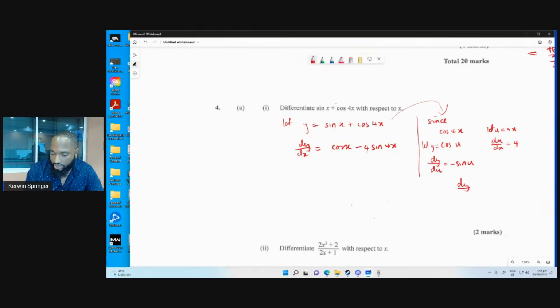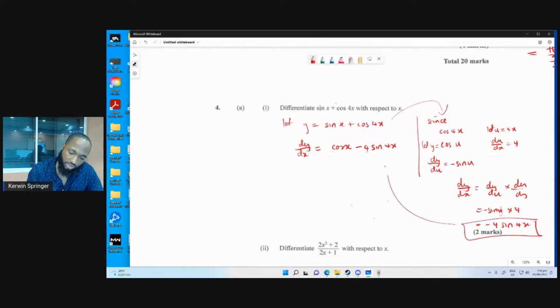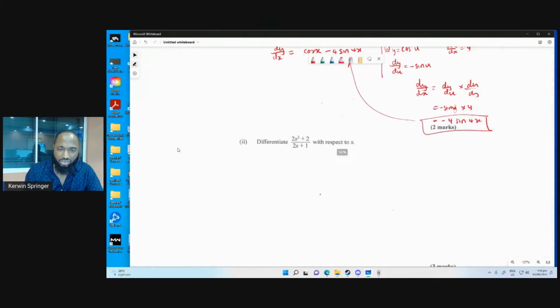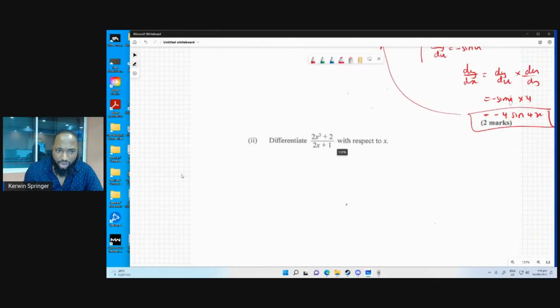So dy dx is actually dy du by du dx. So this is negative sine u by 4, which is negative 4 sine, and I replace the u back with the 4x. That's what we get. So this is the chain rule application, explained just in case they want to mark you on that. But you really should be able to do it in your mind.